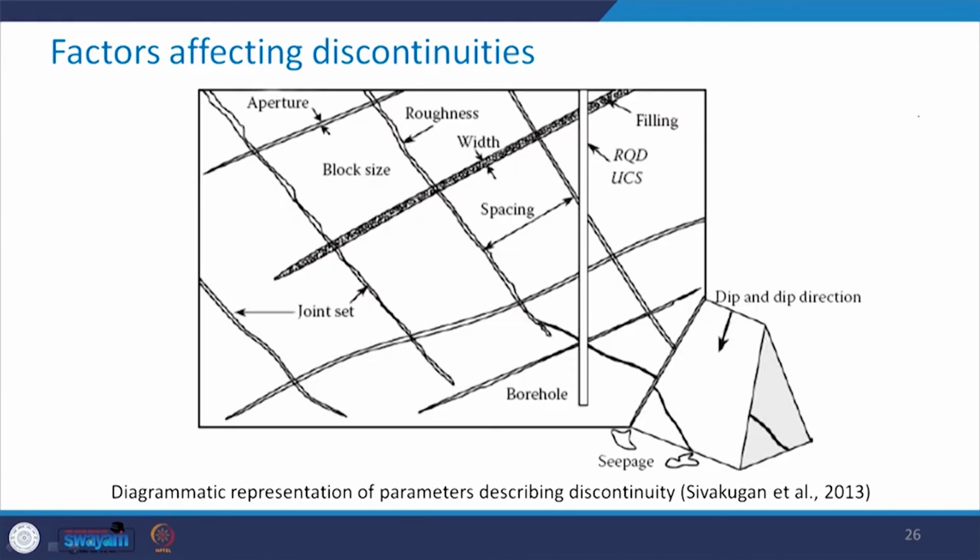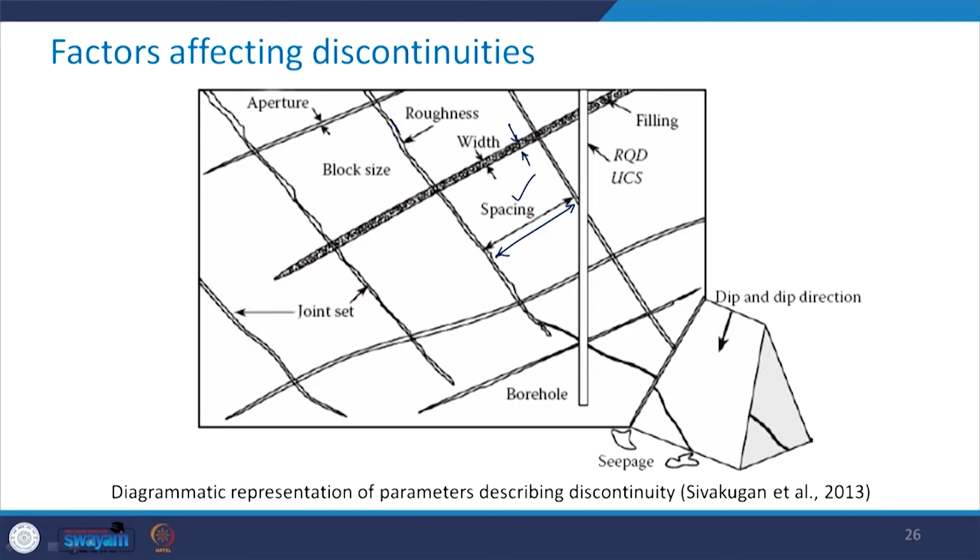Now to summarize all these factors, here is a figure showing a diagrammatic representation of the parameters which describe the discontinuity. Let us start one by one. You can see how the spacing is defined between the two joints. If there is infill, then you measure this and find out the width.